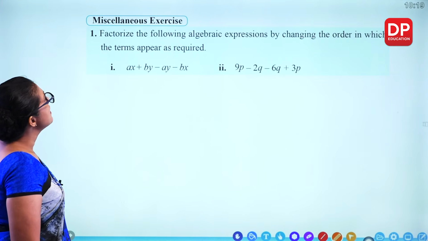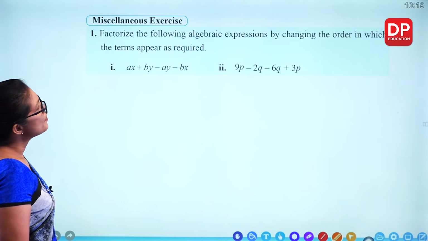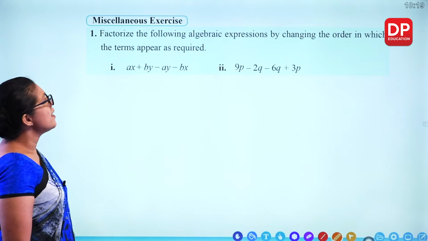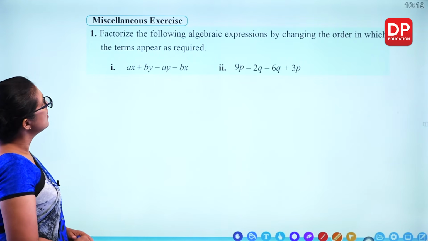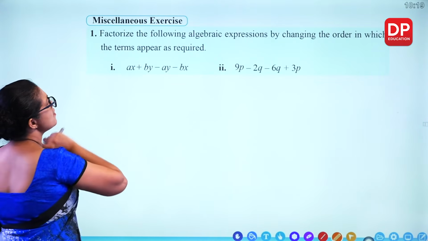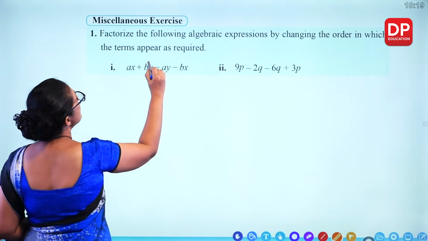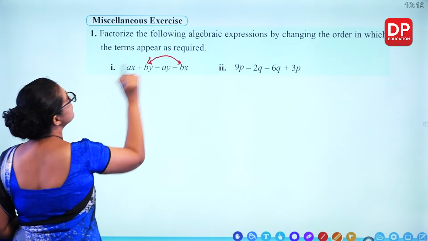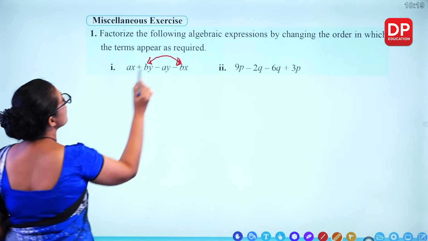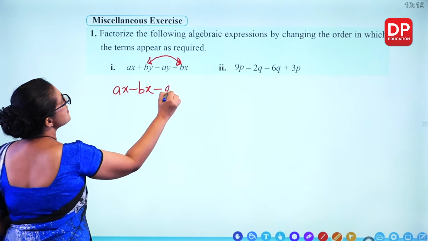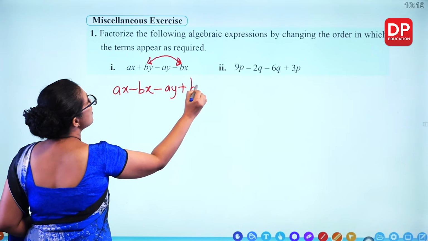Miscellaneous exercise. Factorize the following algebraic expressions by changing the order in which the terms appear as required. Here, because we can't factorize these two, we need to change. We'll change these two. ax minus bx minus ay plus by.